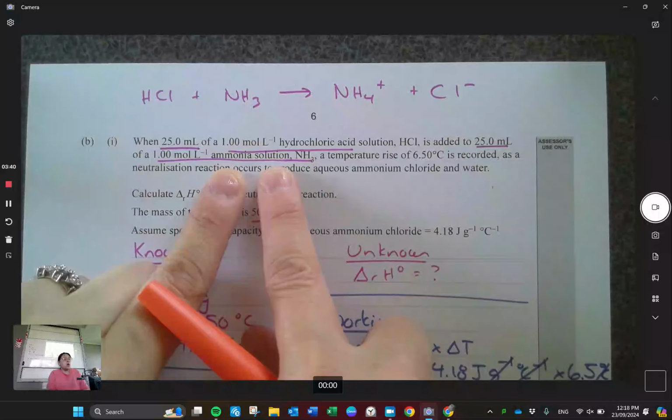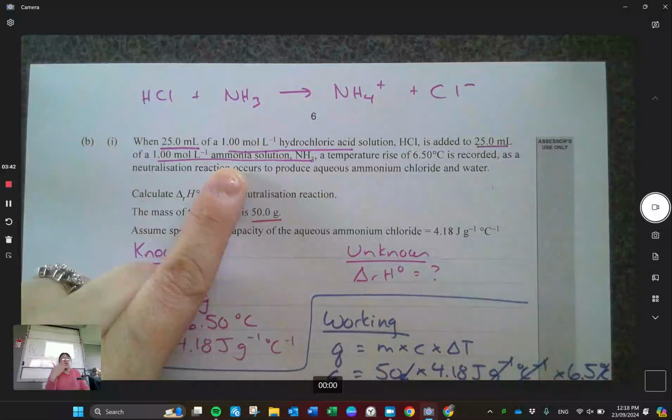Now they do this on purpose because either number that you pick is going to work. If I had different numbers, then I would have to use whatever reagent I use up first. Whatever I run out of first is going to be the limiting factor, and that's what I would use for this calculation. In this case, they've given you equal amounts of both, so either one will work when you do your calculations.